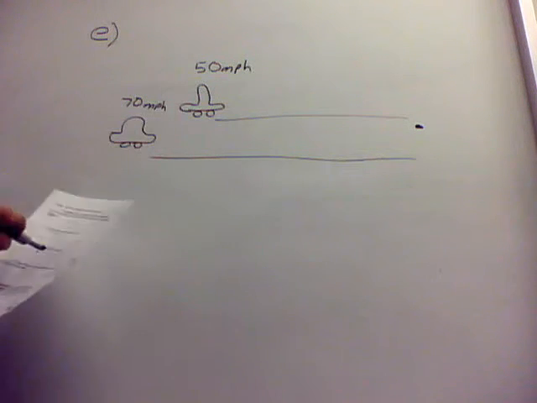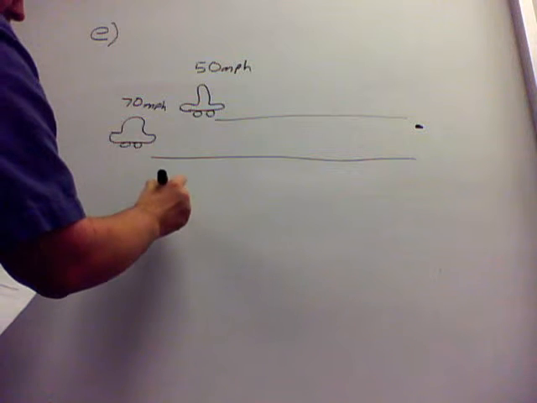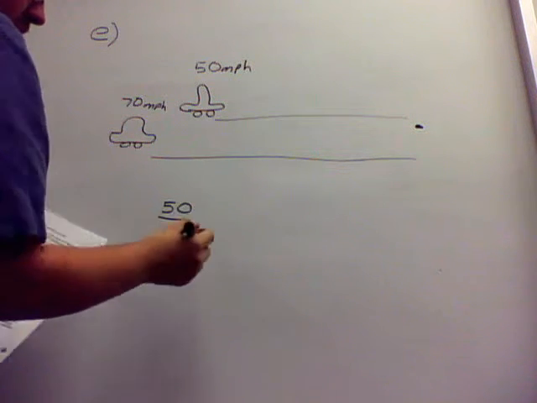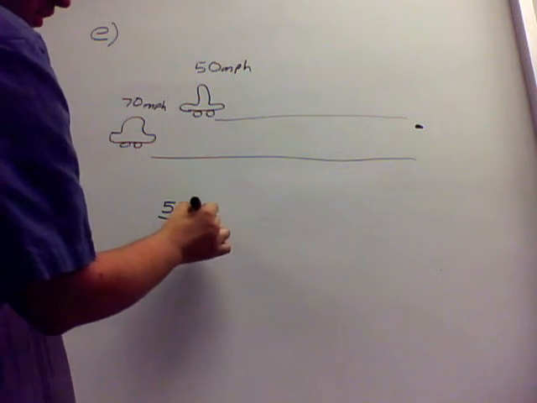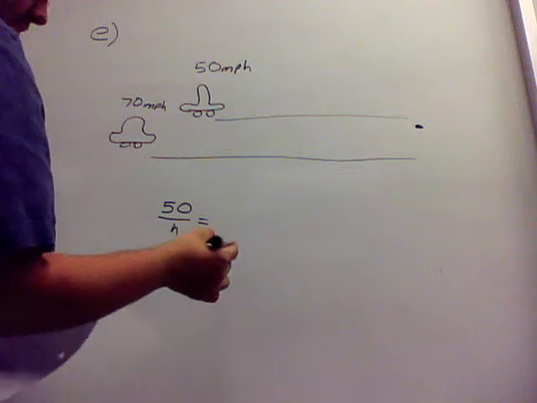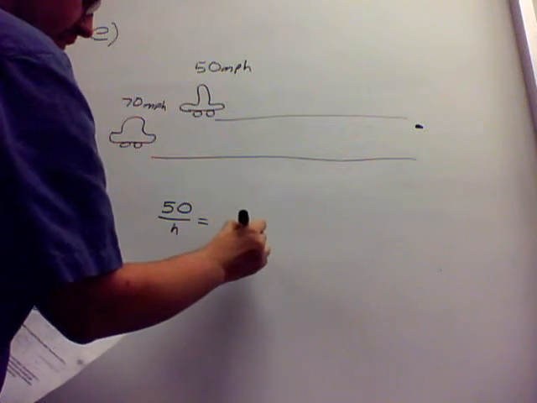So this one's already 30 minutes ahead. Well, 50 miles per hour is the same, so 50 miles in 1 hour. Well, you're half of 30 minutes behind, which is 1/2 of an hour. So 0.5 of an hour.